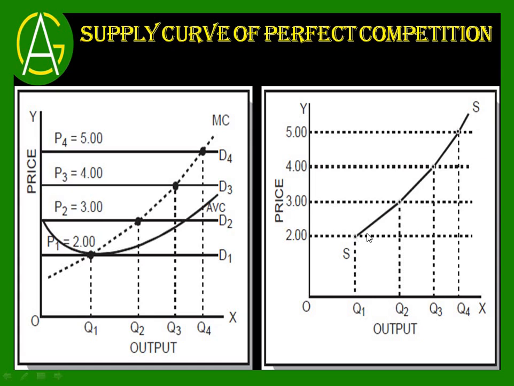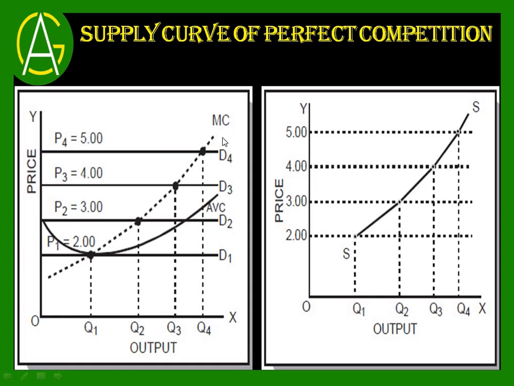So you can see that the slope of this supply curve is very much similar to the slope of this marginal cost curve. So the question can be asked here, the slope of the supply curve in perfect competition is similar to dash. The answer is similar to the marginal cost curve.